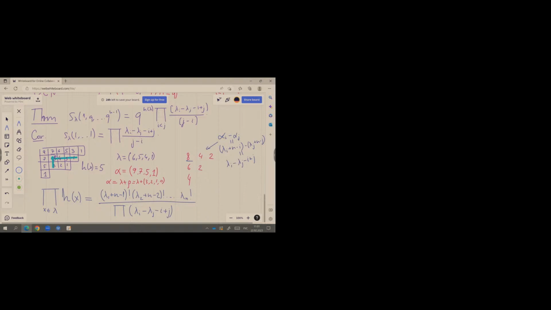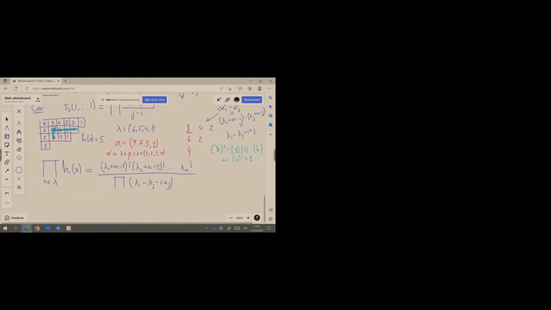You'll get the q-factorials, so let me recall that: k factorial is 1 times 2 times etc. times k, or 0 factorial is 1, as usual. So you can write down the same formula for the q-analogs of hook lengths.